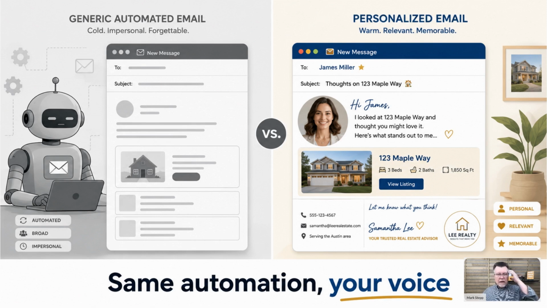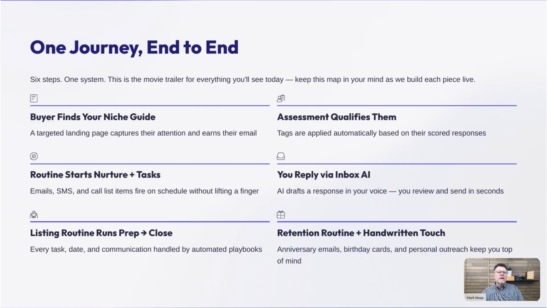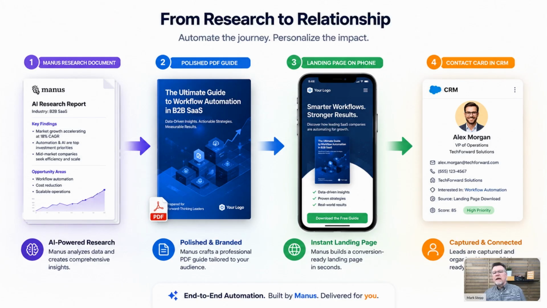Just in your mind, think about this. You don't want generic looking stuff. You want it more personalized. This is what SAM is going to help you do. And then the entire journey, we went through and talked about that.